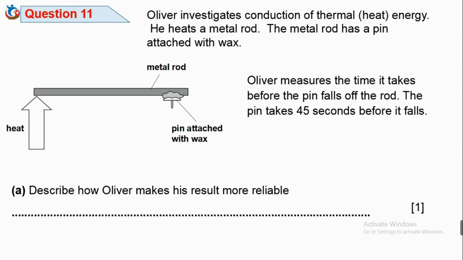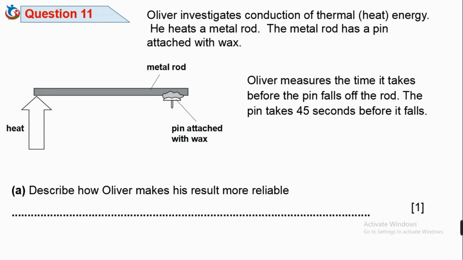Question 11, which is the last question in sample paper 1. Oliver investigates conduction of thermal heat energy. He heats a metal rod. The metal rod has a pin attached with wax. Oliver measures the time it takes before the pin falls off the rod.